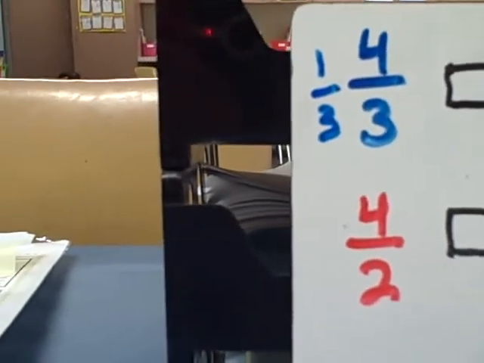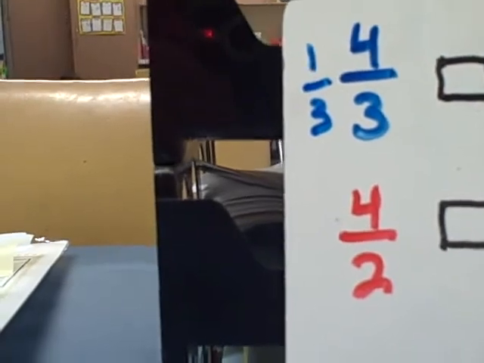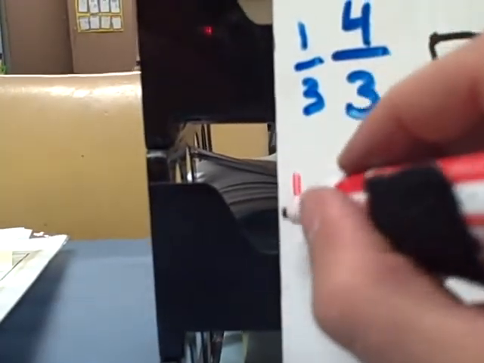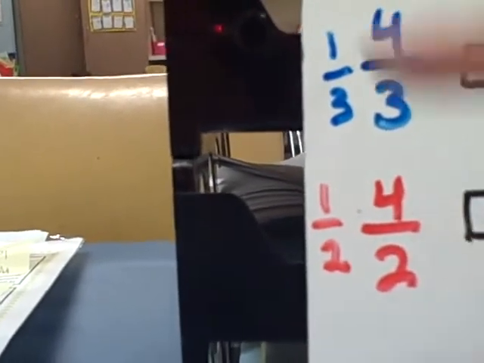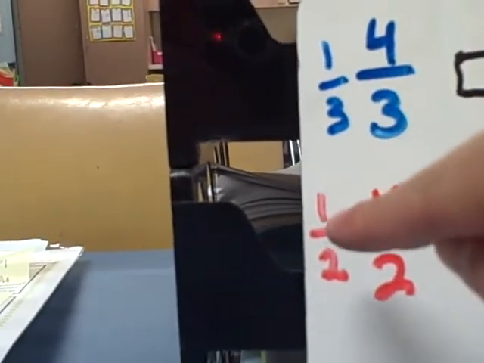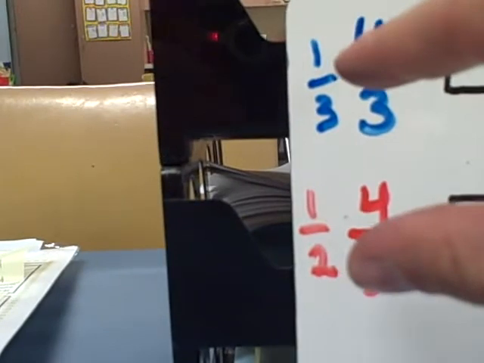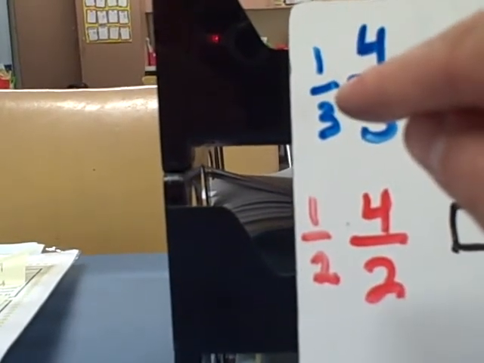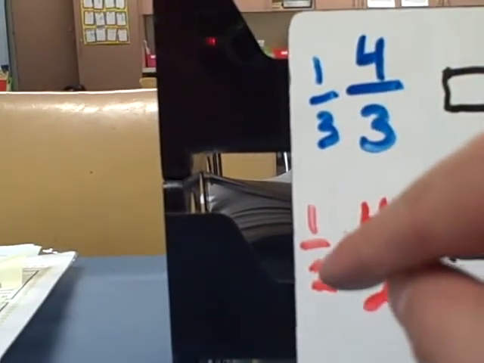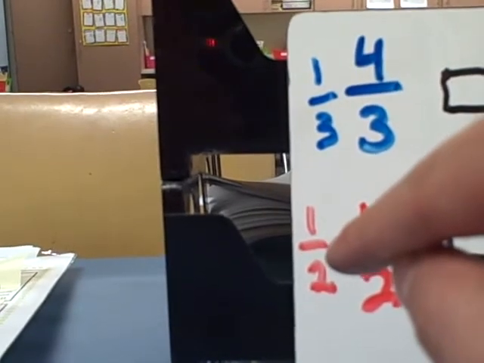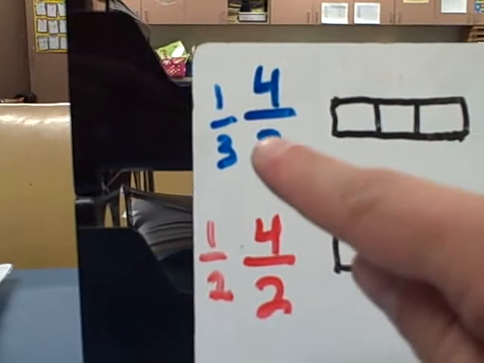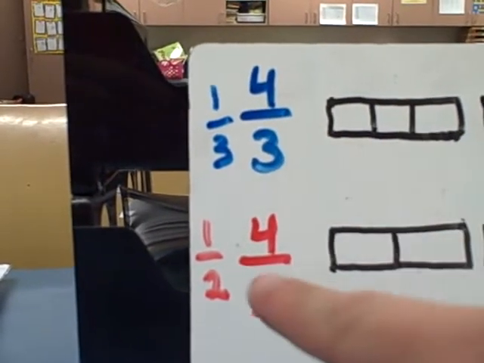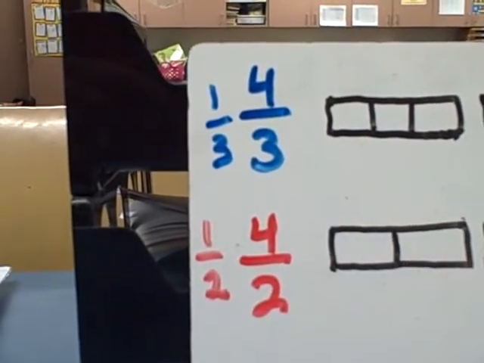And what's the unit fraction for 4/2? 1/2. Which is a bigger piece, 1/3 or 1/2? If you have the same whole and you split it up into 3 parts, will it be bigger than the 2 parts? And the answer is no. The thirds will be smaller. The halves will be bigger.